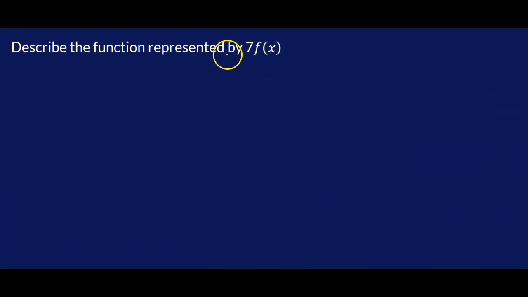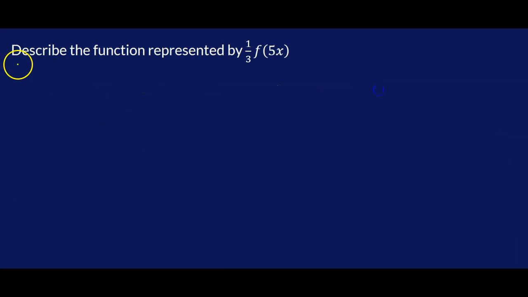Describe the function represented by this. So this is going to be a vertical stretch because your dilation factor is outside the function, and we're going to have a factor of 7.